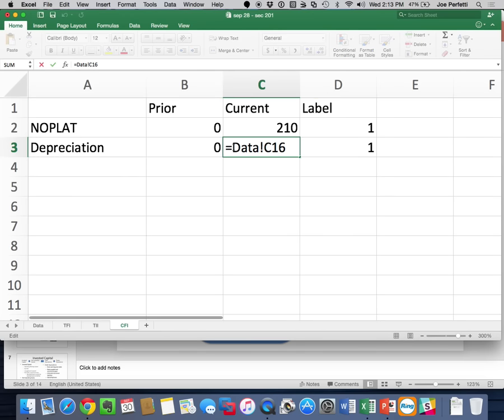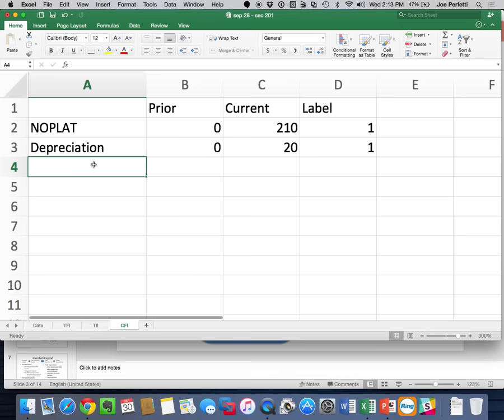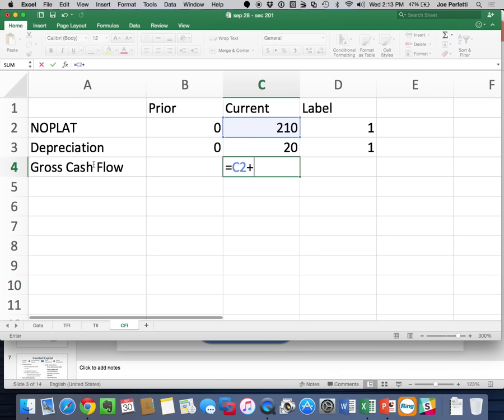Now I'm going to add these two together, so I'm going to flip the sign because it's NOPLAT plus depreciation, and that's going to get us something called gross cash flow. My gross cash flow is my NOPLAT plus my depreciation. So again, this is just crazy accounting, but NOPLAT is our operating profit after tax.